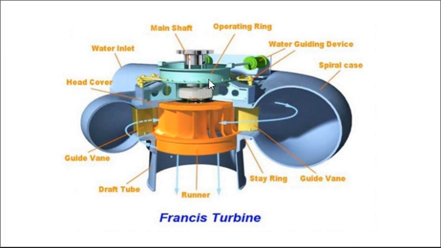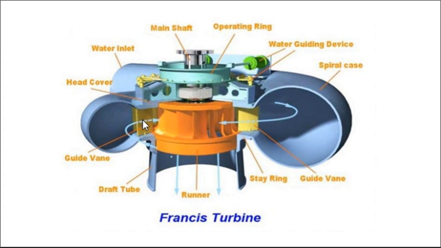Now this is the operating ring, and through linkages it is connected to the guide vanes. This governing mechanism is connected to the guide vanes. In the Pelton turbine, governing is done by the spear rod assembly, and here governing is done by the guide vanes.